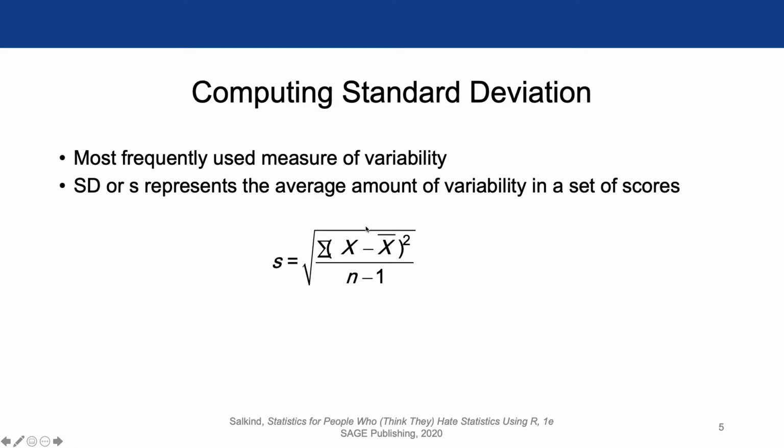It's a little weird looking at first. You have this big square root and this weird backwards E thing and an X bar. It's just a little foreign when you first see it. But don't worry, you'll get more used to looking at this and stuff like this the more you learn about quantitative analysis.